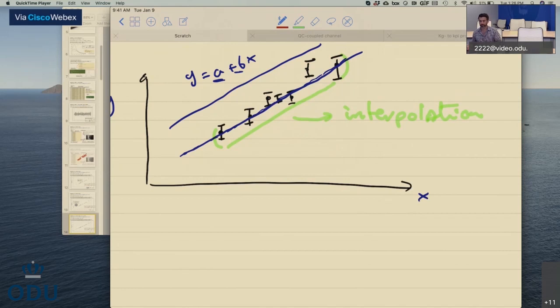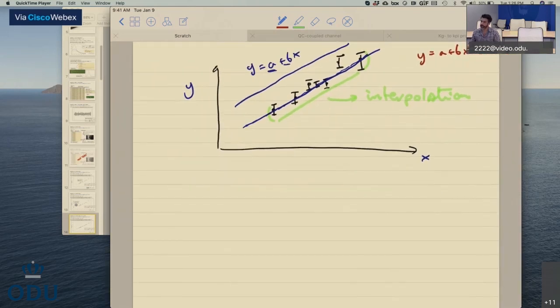And the reason why this matters is that if I introduce a function that is not like this, but rather is something like y equals a plus b x plus c x squared, you see that my data does not seem to have much curvature. And so I will probably get something that is pretty close to the blue line in between.